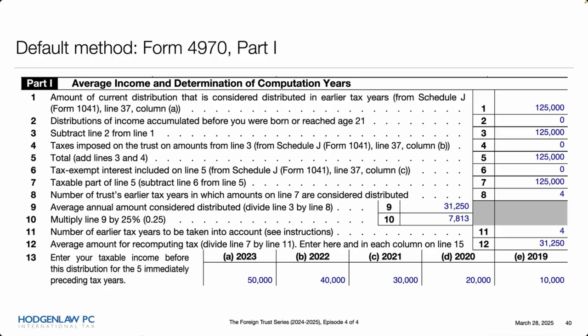And line 12 is line 7 divided by line 11, 31,250, and that is the deemed accumulation distribution per year that we're going to be working with, and we're going to be calculating the tax. Then finally, line 13 is where we bring the beneficiary in for the first time, and the averaging technique is saying, look at the beneficiary's previous 5 years of income tax returns and pull the taxable income. Why do they do this?